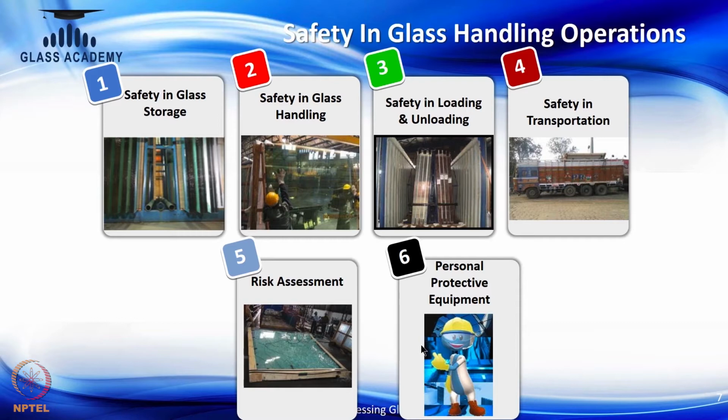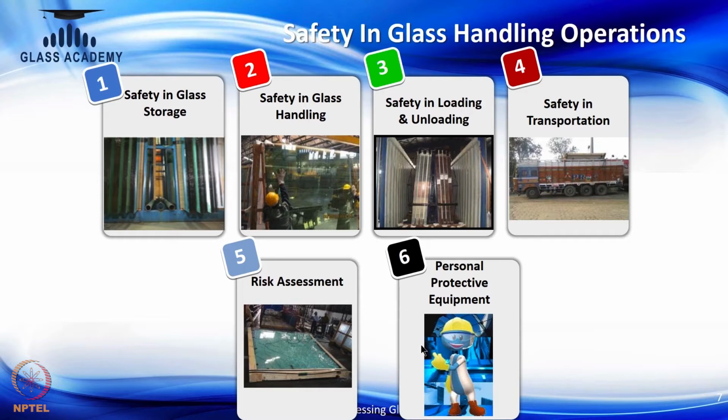And there are two other topics which are complementary to these domains of glass handling. One is risk assessment, a very big topic, but we need to talk about its relevance specific to glass handling. And then personal protective equipment. In order to protect a person from injury, based on the hierarchy of controls, you need to talk about elimination, substitution, engineering controls, and then training and administrative control.